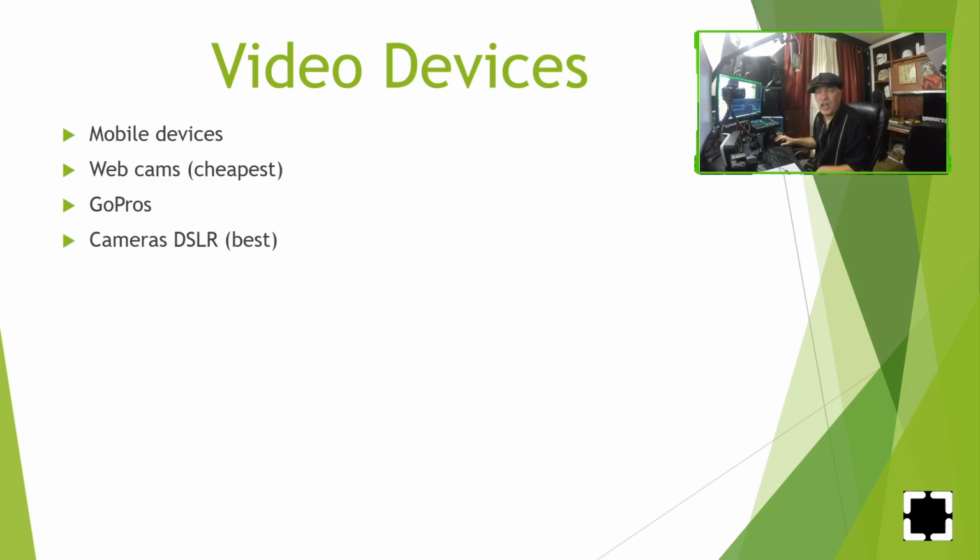A DSLR camera. A DSLR camera is basically just a regular little camera that you're used to seeing. This is a brand new one I just got from my classroom. A really cool thing about using a DSLR camera is that generally on the side of it you have an opportunity to plug a cord in. You can run that through a couple of devices we'll talk about to your computer.